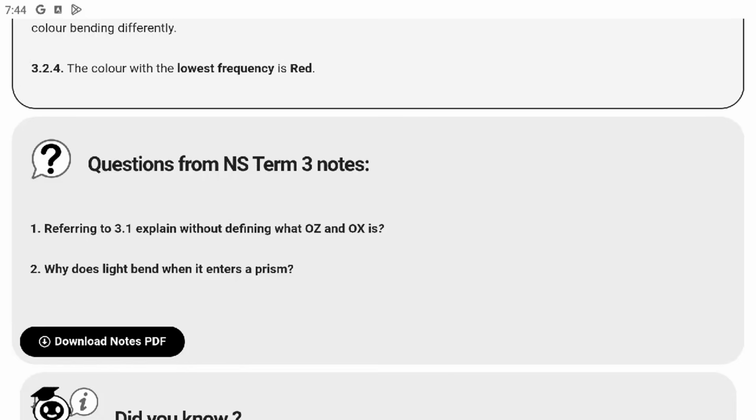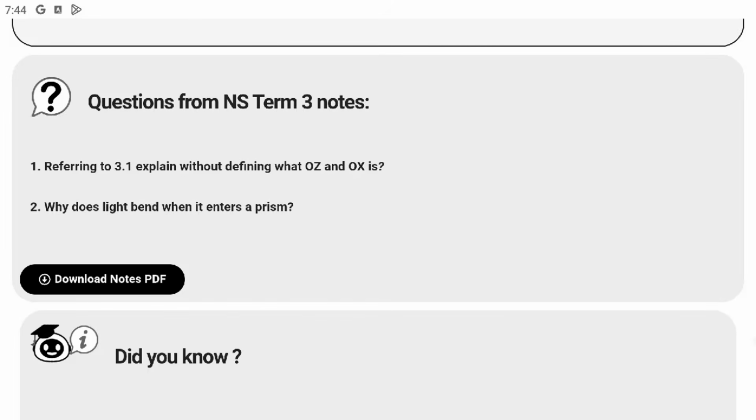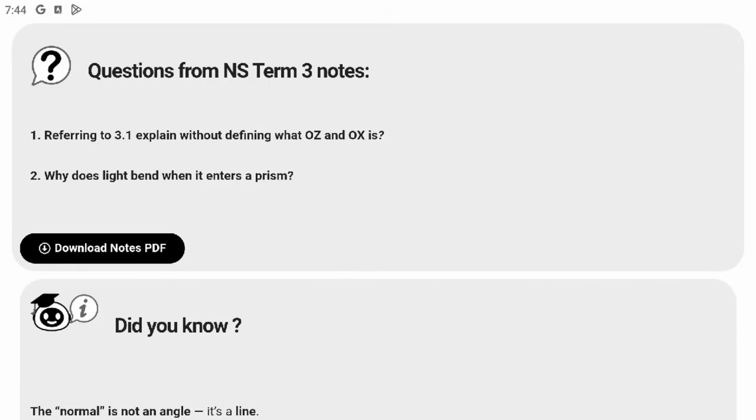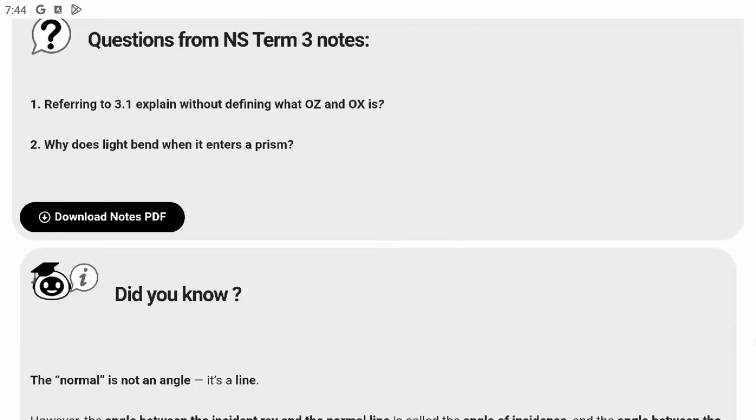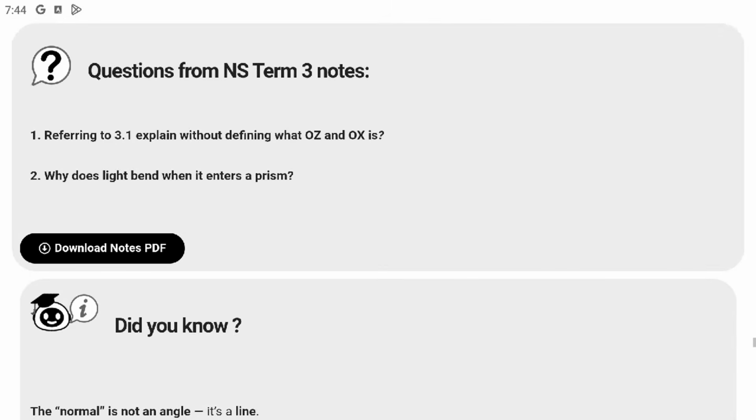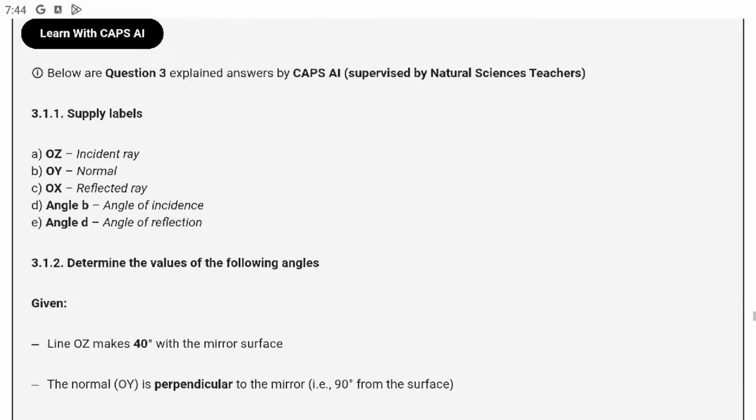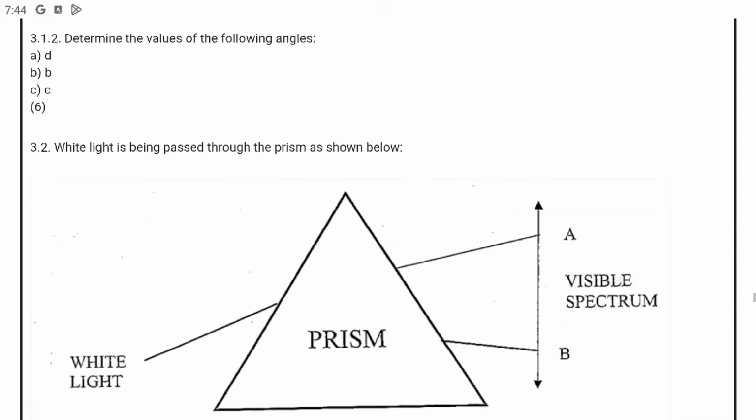Now questions from the NS Term 3 notes. Question 1. Referring to 3.1, explain without defining what OZ and OX are. So they are already defined, OZ and OX, on 3.1.